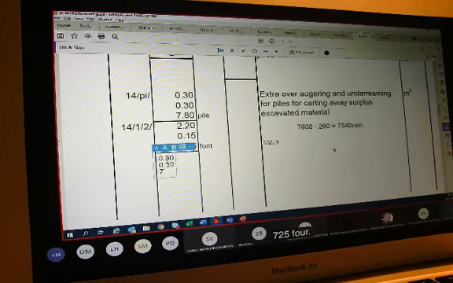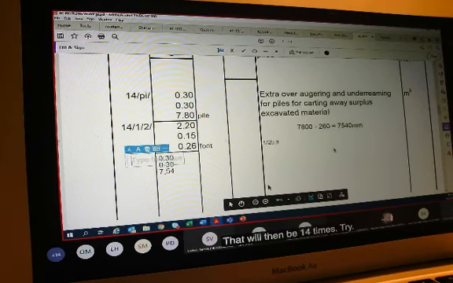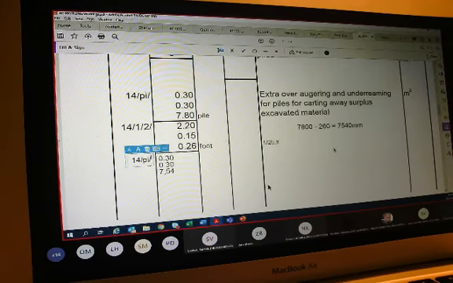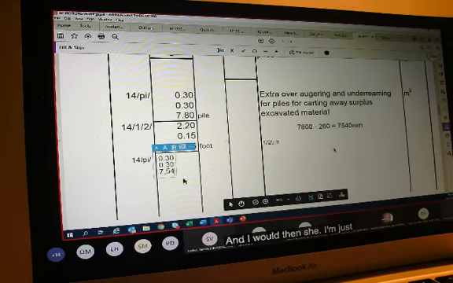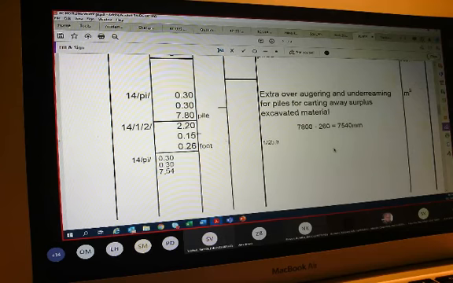And then when I come to this here, I say 0.3, 0.3, 7.54, and all of that. Remember, guys, that will then be 14 times pi.